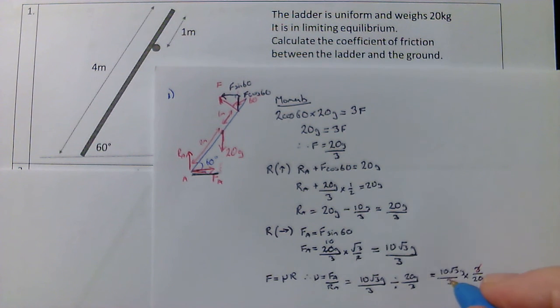The 3's cancel, the g's cancel, becomes a 2 and a 1, and I just get left with an answer of root 3 over 2. And that is my coefficient of friction.